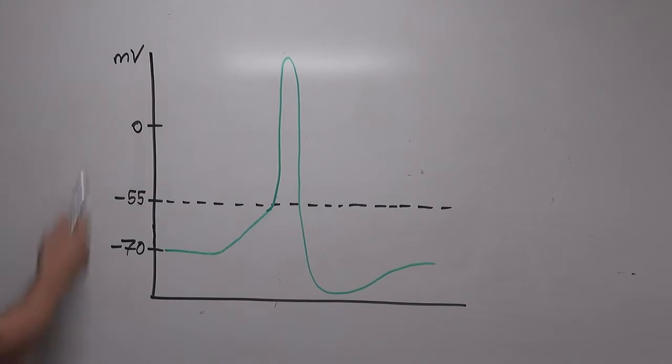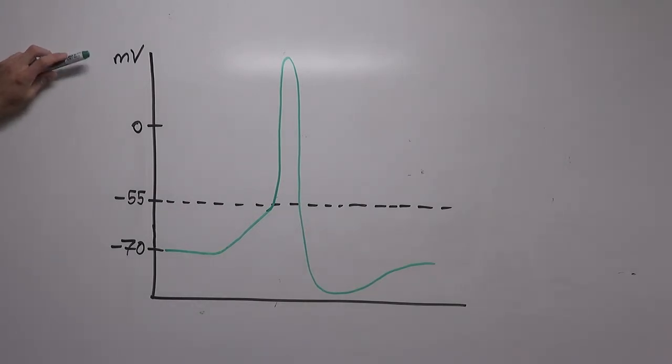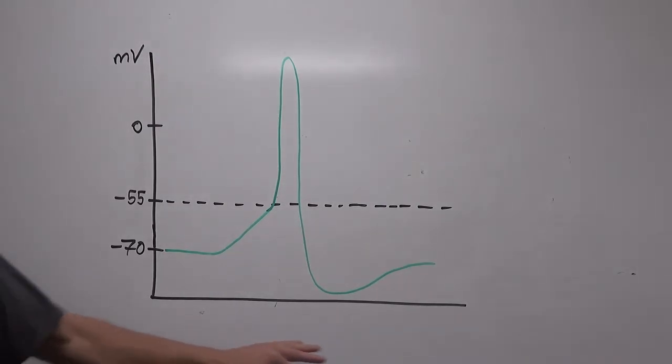So our y-axis is millivolts, which will be, you could say, the charge given off by the different concentration gradients. In this case, it's dealing with intracellular fluid, as well as our x-axis, which will just be time. And for this, I just won't label it.